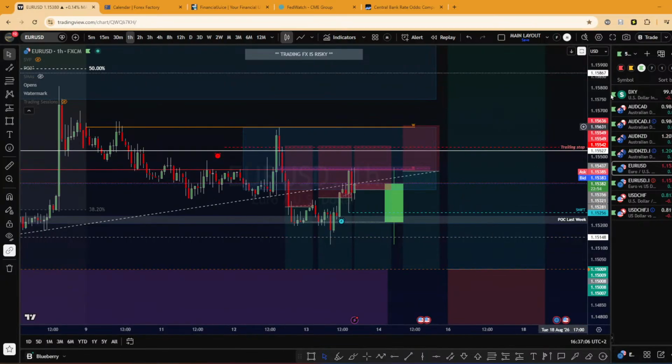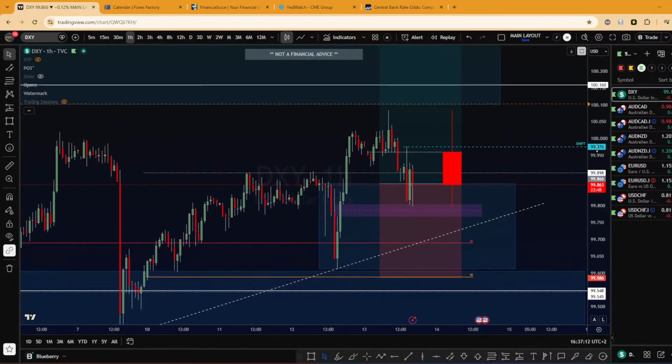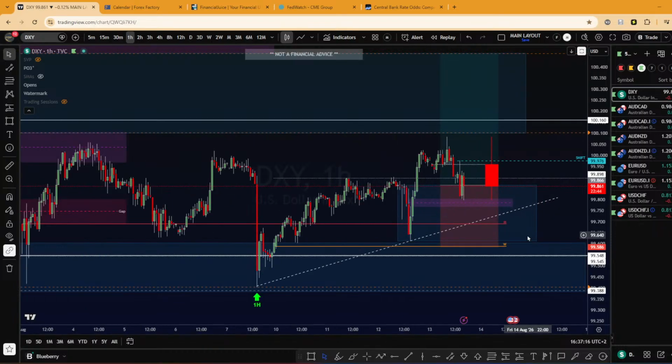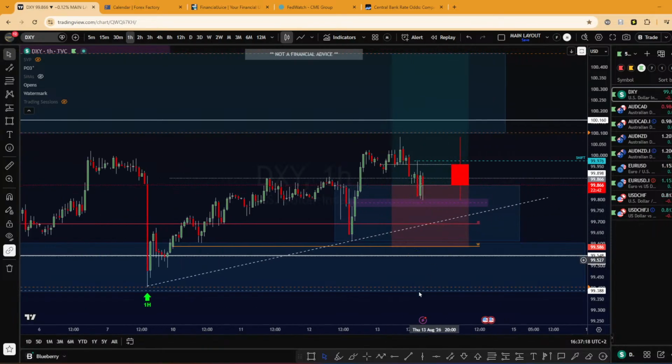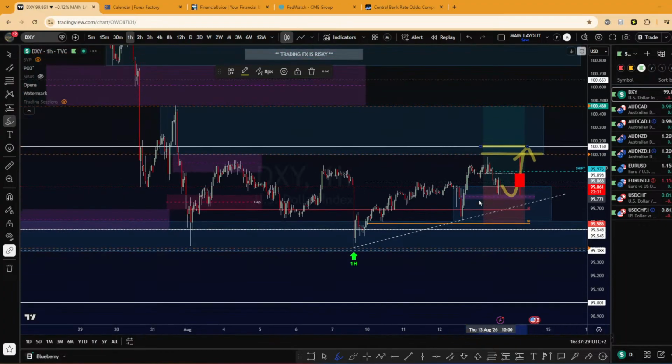Seems like the dollar is holding. We have a little bit of strength in the dollar, but it's not significant right now. So maybe my analysis will be good. What I need at the end of the week is another push up. Maybe I will close some partial around here because I'm not sure right now.